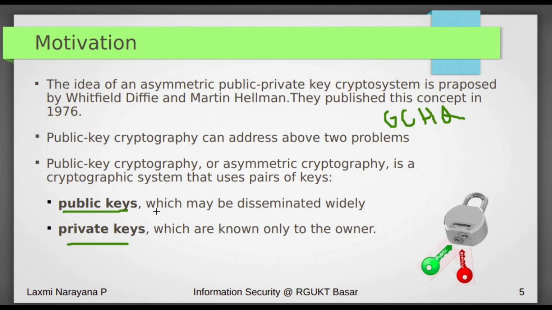Private keys are secret, known only to the owner. Public key crypto systems simplify key management and are also used to generate digital signatures. Digital signatures provide integrity, authentication, and non-repudiation.